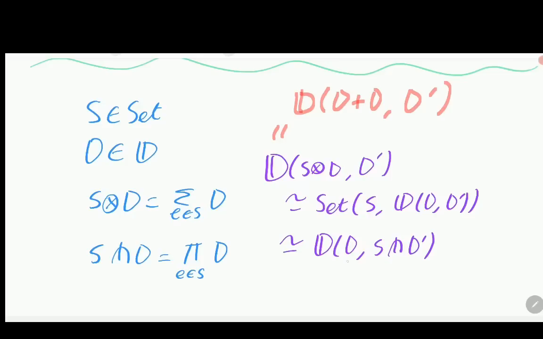And you can see that an arrow into this repeated product is again like a function from our S into the set of arrows from D to D dash. So basically you can get at these kinds of things by considering the left and right adjoints to functors. But they're called copowering and powering, and they're actually defined like this rather than in terms of products and coproducts. You can speak about these kinds of things in enriched category theory as well.